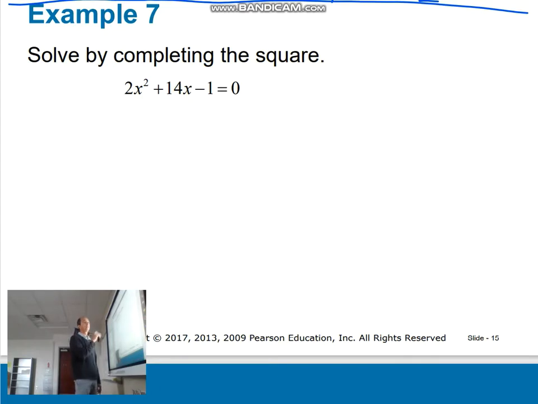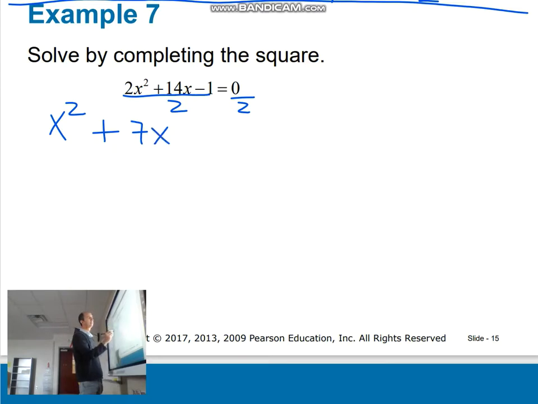The step-by-step suggests us to divide everything, both sides of the equation, by this coefficient, right? So let's divide. 2x squared divided by 2 is x squared. 14x divided by 2 is 7x, minus 1 divided by 2 equals 0.